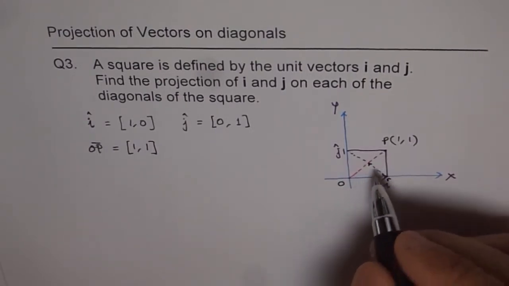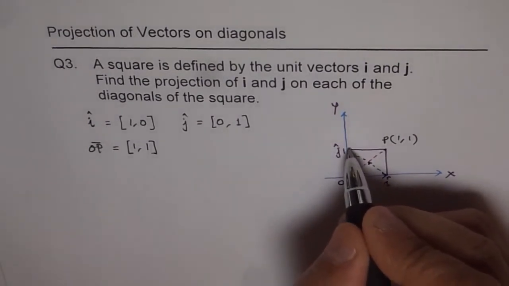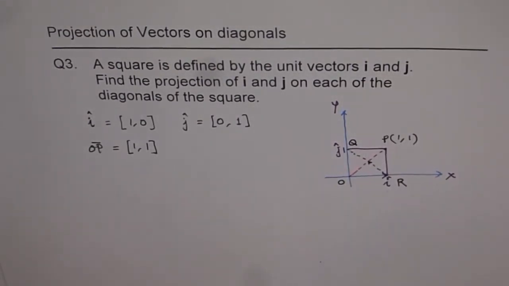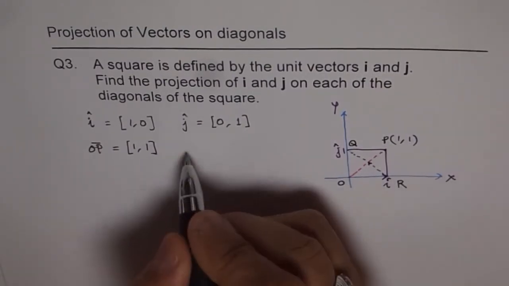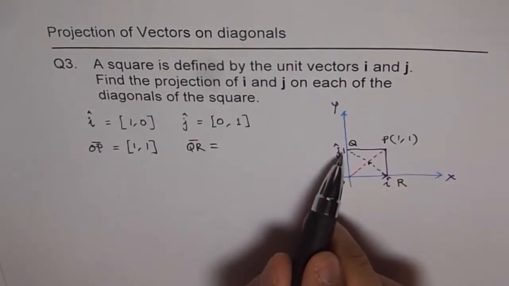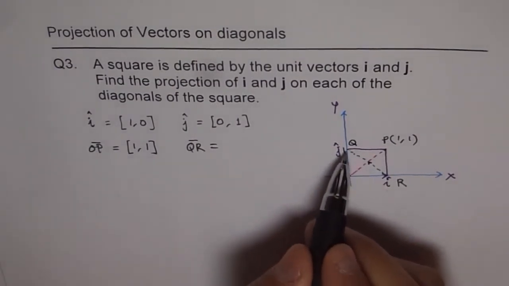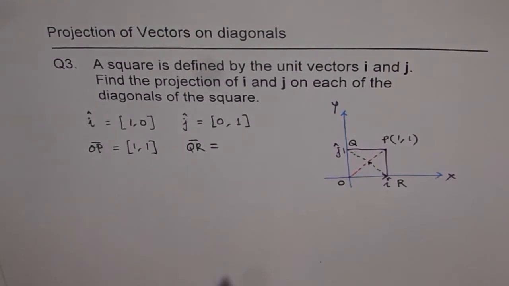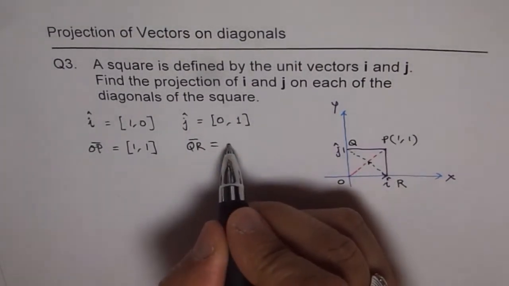Now let me name this as QR. Okay, so let me say this point is Q for us and this point is R for us, right? So we'll define QR also. So vector QR is actually, if I say vector QR, that means it is i minus j. Do you see that? i minus j is vector QR.